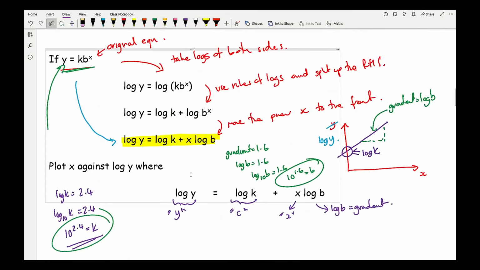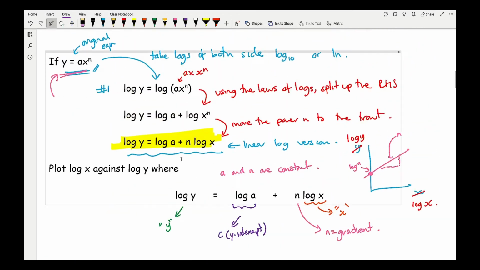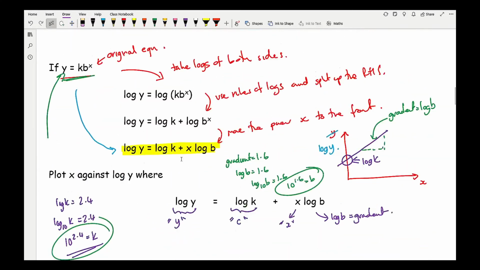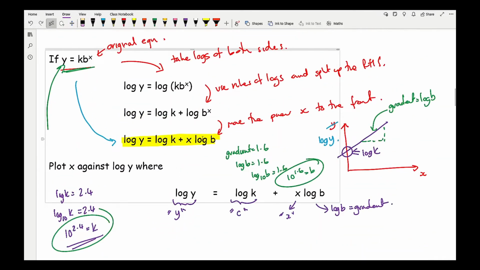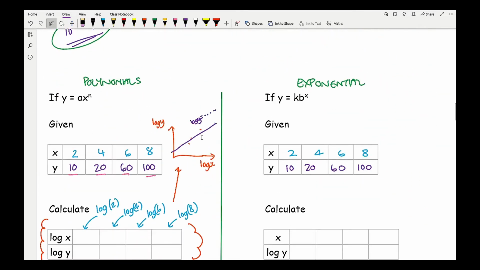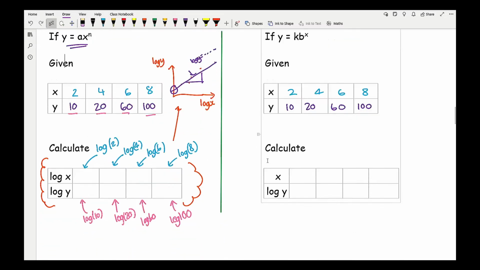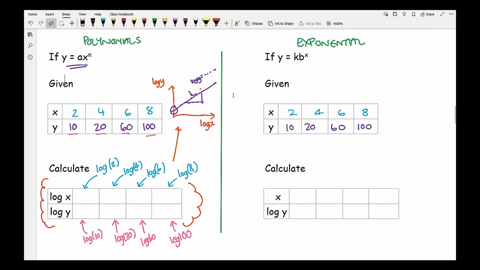So for example, what I've highlighted in yellow in this screen for the polynomial, and what's highlighted in yellow in this screen for the exponential. And then from that you can work out what your constants are going to be, either from the y-intercept or from the gradient, and then you work out what the variables are going to be for your original equation.